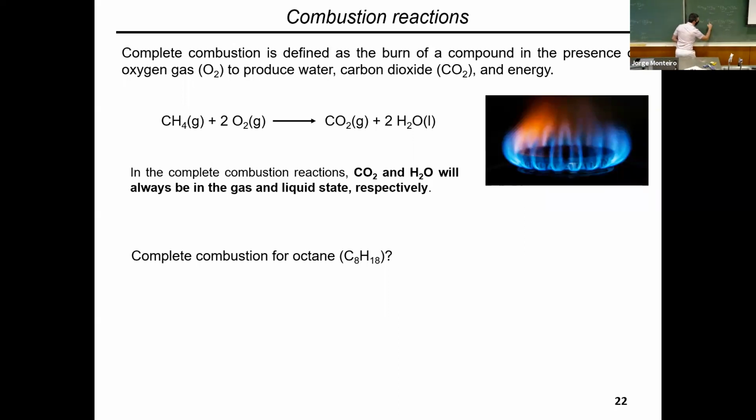To go from 2 to 25, you simply multiply by 25 over 2. Or, if you want, you can multiply this whole reaction by 2 and end up with 2, 25, 16, and 18. Okay? Doesn't matter, they mean the same thing.